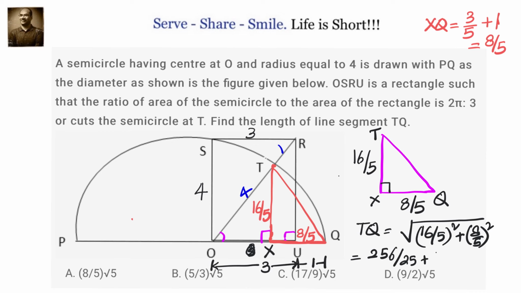Simplifying that, we have square root of 320 divided by 25. Square root of 25 is 5. Root 320 can be written as 8 root 5. So the length of TQ is 8 by 5 multiplied with root 5, which is option A.